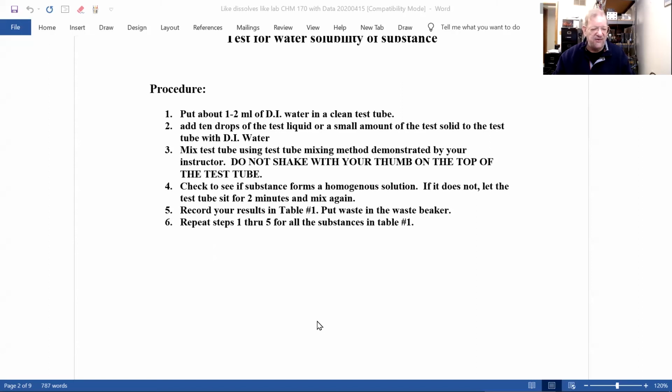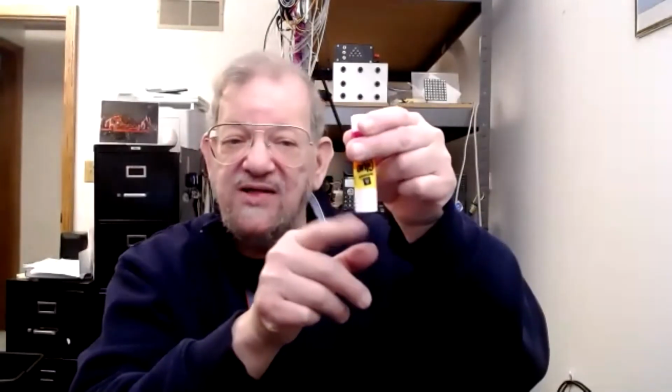By now I would have done this already, but this is a small test tube, never ever put your thumb on it and shake it, because you can get chemicals on yourself and people around you like Dr. White. Now, what I teach you would be, one way is you hold the test tube and you hit it 3 times real good and it mixes up. I would say, don't tickle it, hit it really good, but you've got to hold on to it or it goes flying.